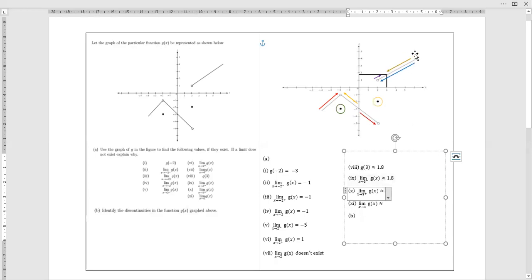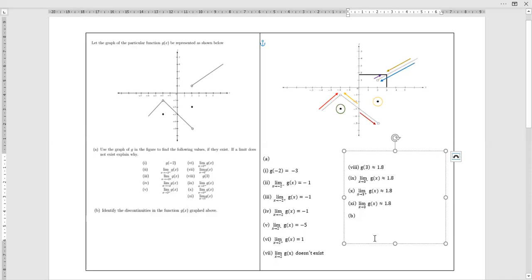I use this brown arrow here. It is also approximately 1.8. So what is the limit of g of x as x is approaching 3? Since 9 and 10 here are equal, it follows that the limit of g of x as x is approaching 3 is also approximately 1.8.